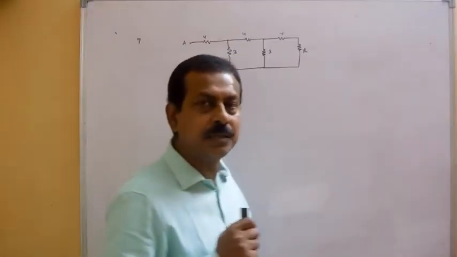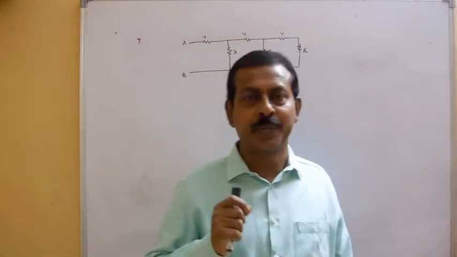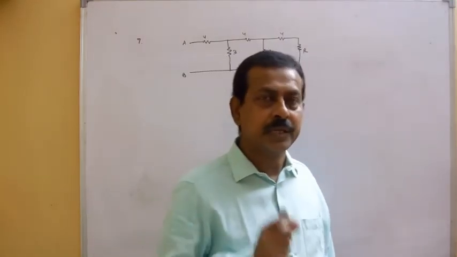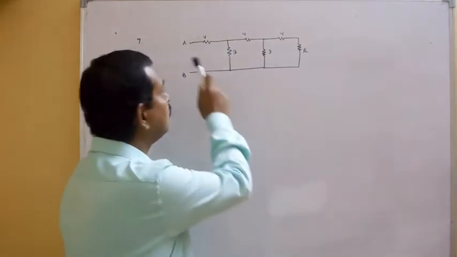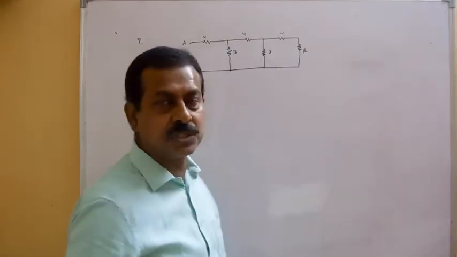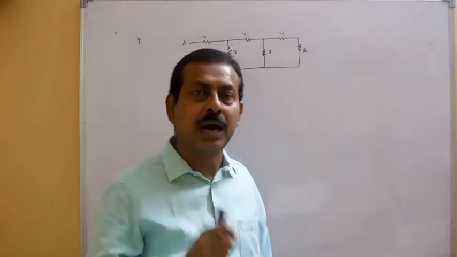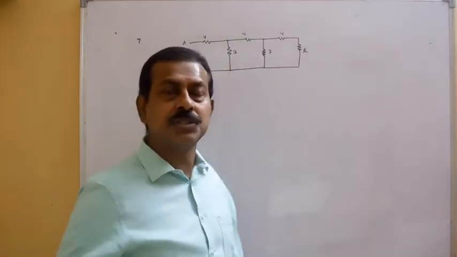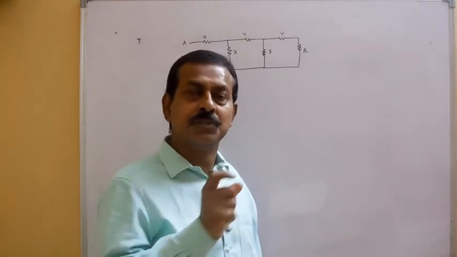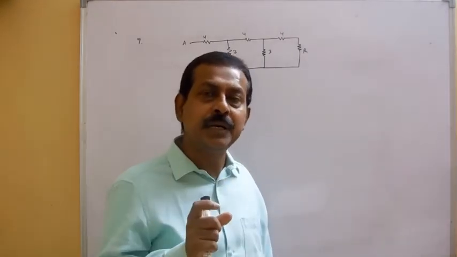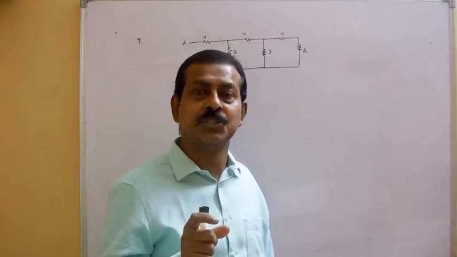This is another type of question which you may come across. Here what will be given? You will be given a network of the resistances and you will be asked to find the value of R, that is this resistance, so that this network is independent of number of units.